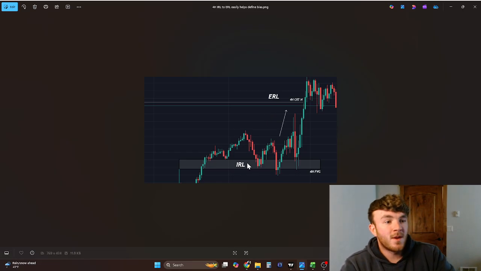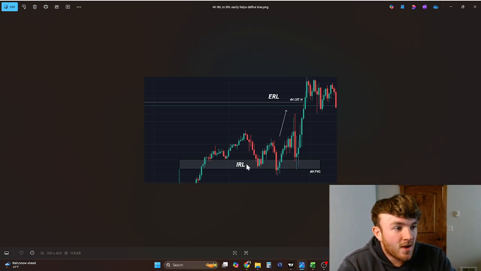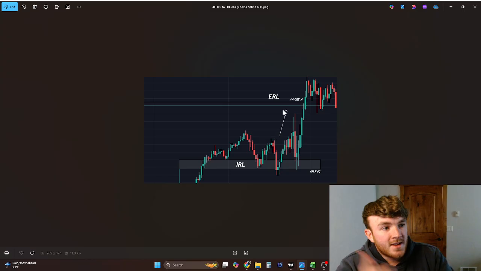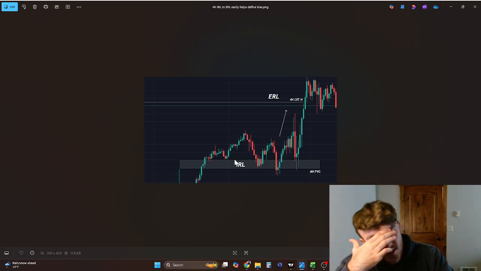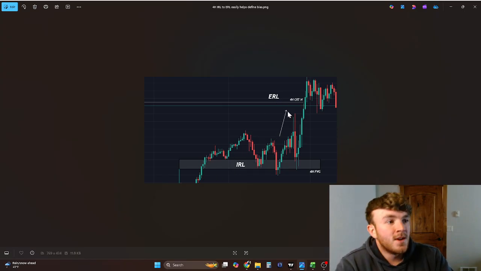The market's going to move from fair value gaps to old highs. So IRL is a fair value gap, and ERL is an old high in the market. So the market moves from fair value gaps to old highs. Or if it's a downtrend, it's going to move from an old bearish fair value gap to an old low. So the market moves from IRL to ERL.